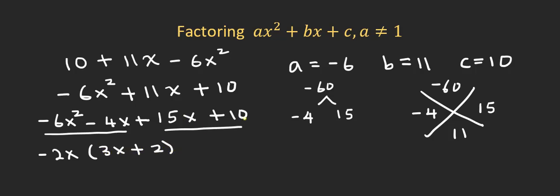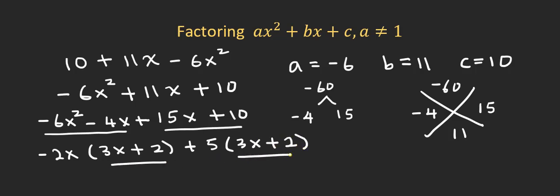What is the greatest common factor over here? It's positive 5. You get 3x plus 2. I see 3x plus 2 over here and 3x plus 2 over here, so let's take it out. And you get negative 2x plus 5.